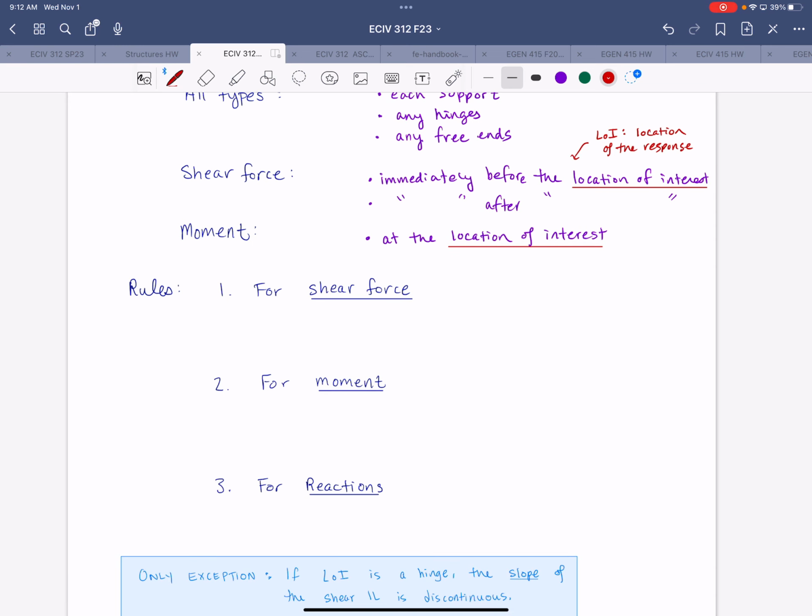All right, so that leads us to write down a couple of rules that will always apply for influence lines. So if you're drawing the influence line for shear force at the location of interest, you're going to have continuous slope. All right, that's what I pointed out in the previous example. The slope stays the same on both sides of the place where you cut the beam. And you're also going to have a discontinuous value.